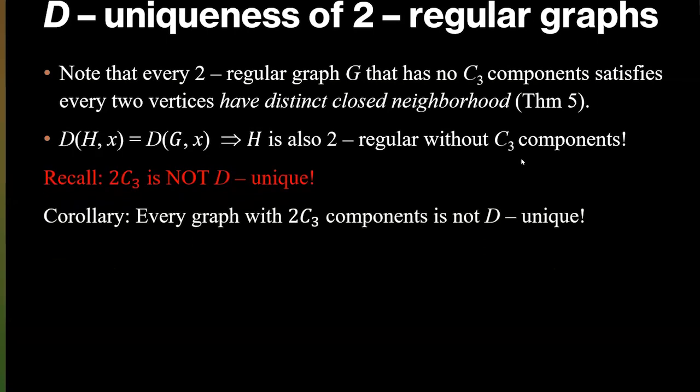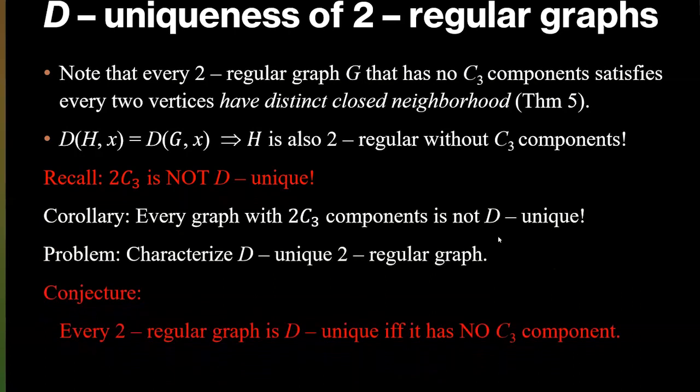However, if we have 2 C3 components, then the graph is not D unique. So we can conclude that every graph with 2 C3 components is not D unique. But characterizing the D uniqueness of 2 regular graphs is still a big problem, I believe. Now, what I would like to conjecture here is that every 2 regular graph is D unique if and only if it has no C3 component.